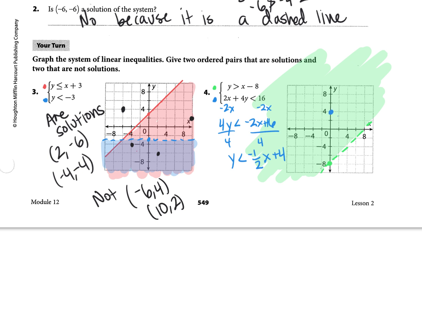So down 1 over 2, down 1 over 2. And that is also a dashed line, and it is shaded below because it has that less than symbol.